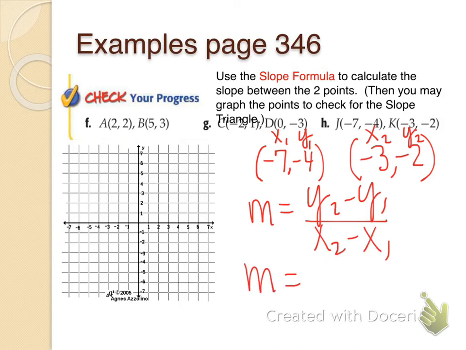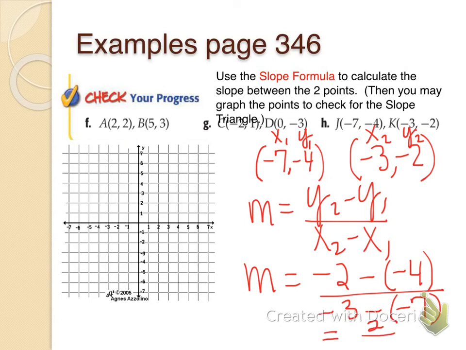Substituting, y2 is -2 minus y1 is -4. This is what I was talking about with parentheses. x2 is -3 minus x1 is -7. Okay, -2 minus -4 is a +2. -3 minus -7 is a +4. So that simplifies to 1/2.